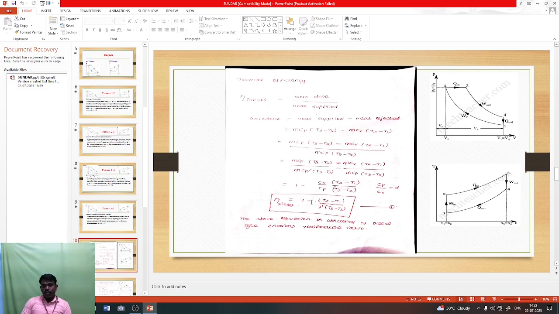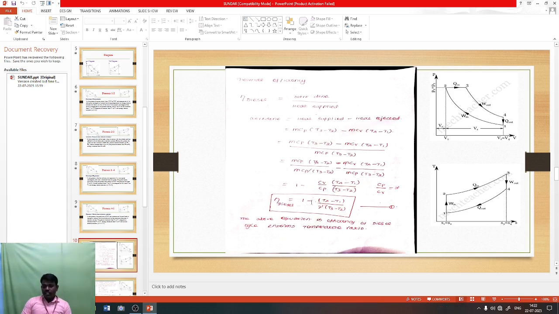Cp by Cv is equal to gamma. But in our equation we have Cv by Cp, so automatically it becomes 1 by gamma. So the efficiency of diesel is equal to 1 minus (T4 minus T1) divided by gamma into (T3 minus T2).